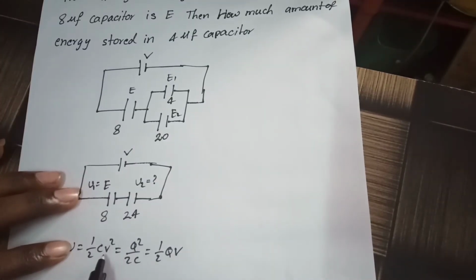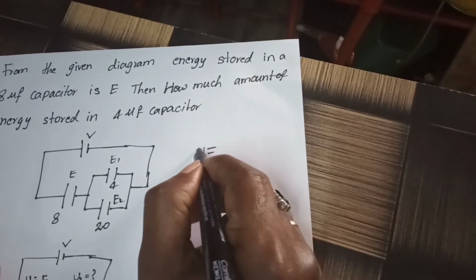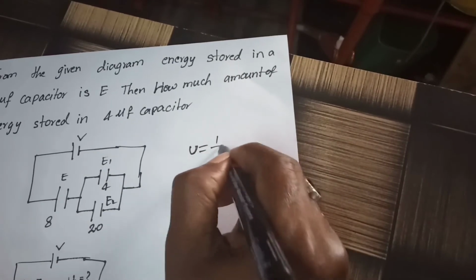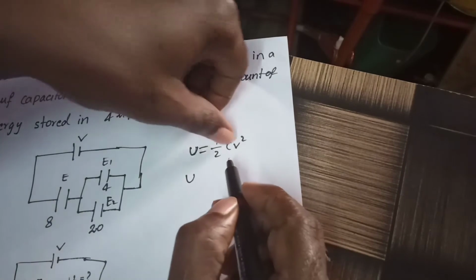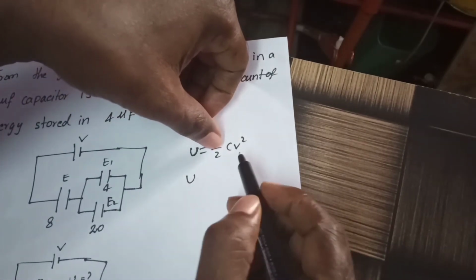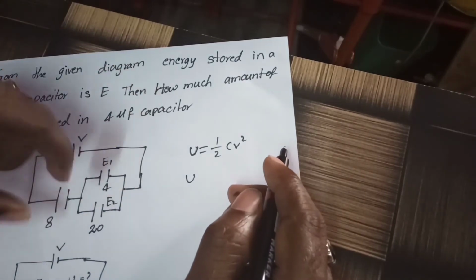So which formula do we take? Potential difference is constant and capacitance is different, so we can take the formula U equals half CV square. Here 1 by 2 is a numerical constant, and V is also constant, because the potential difference is constant for both.